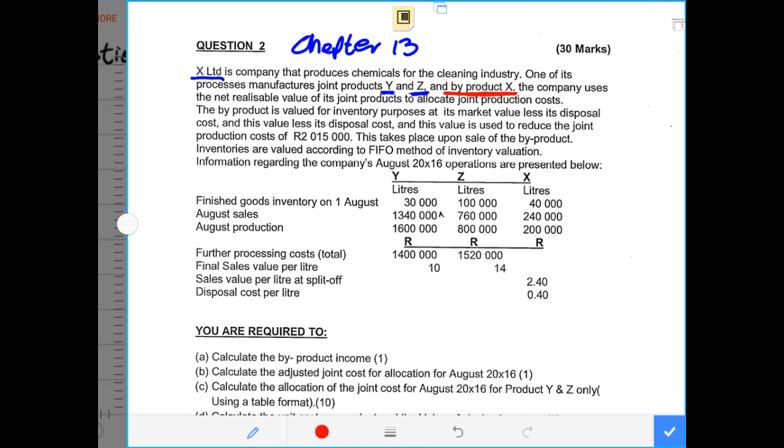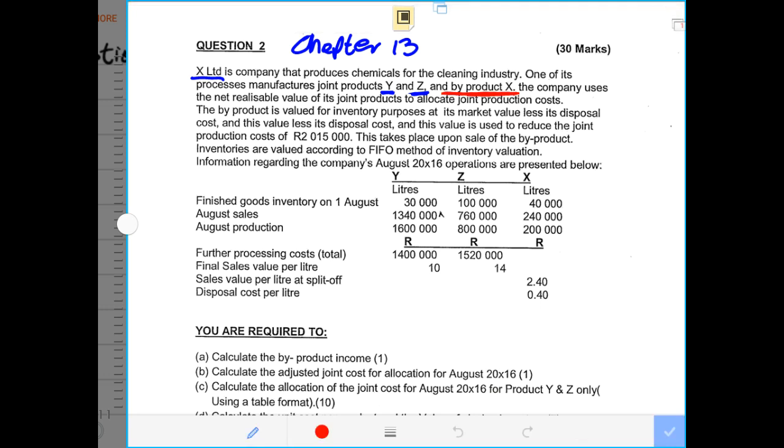Our joint cost will not be allocated to byproduct X because product X was accidentally manufactured. It is not the intention of the company to manufacture byproduct X. So byproduct X will not be allocated any joint cost because it's an incidental product.